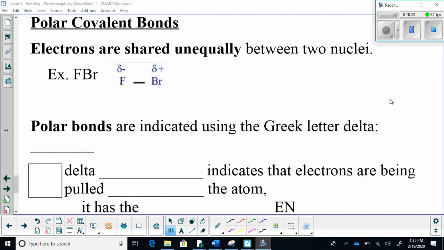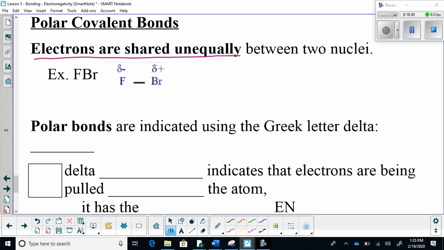Polar covalent bonds. Okay. Have you ever heard of the North Pole and South Pole? Or on a magnet, there's a positive pole and a negative pole. Compounds have that too. Okay. So in polar covalent bonds, electrons are shared unequally.